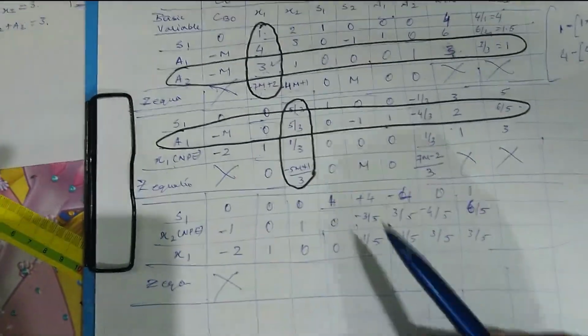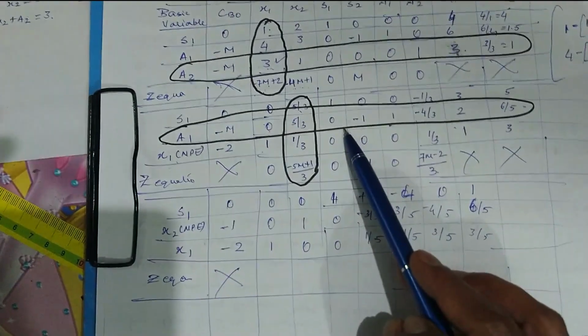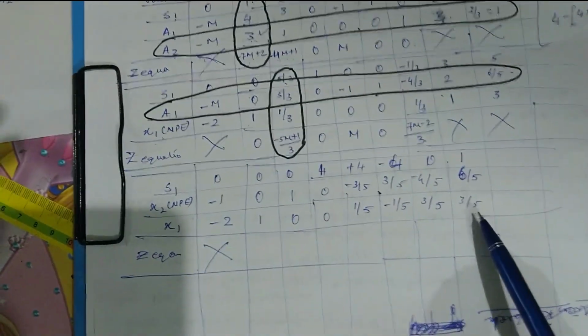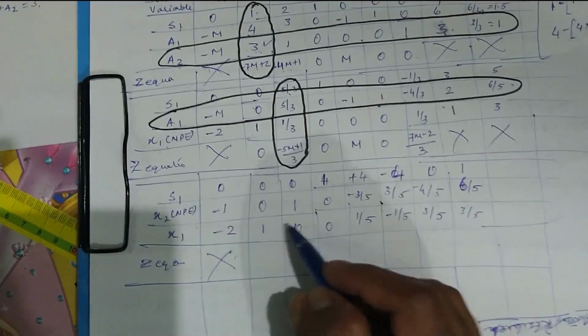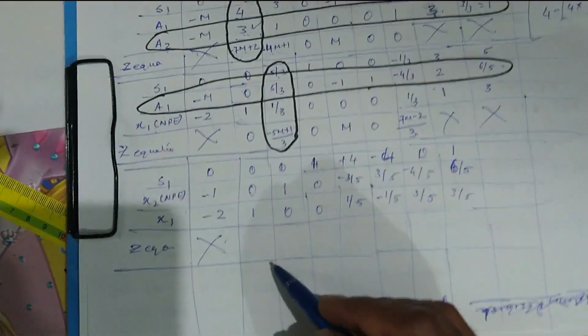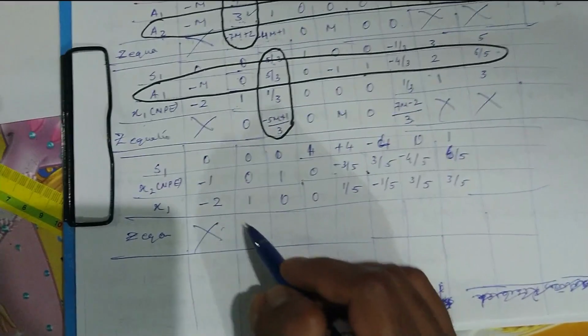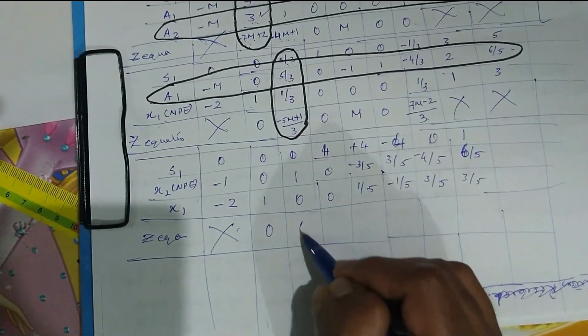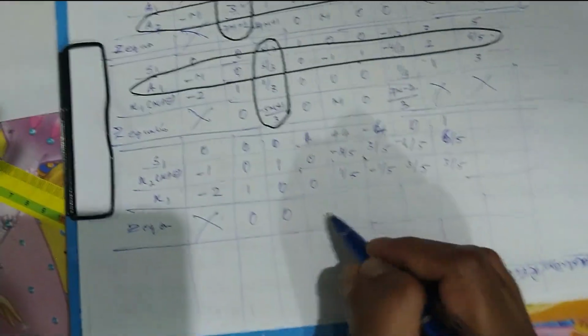Kindly use this particular procedure that we have used in this table to calculate the new pivot element values as well as the other element values. Now upon completion of these elements of the matrix, we are supposed to calculate the z equation values. The z equation values have already been calculated, so therefore the values are as follows.